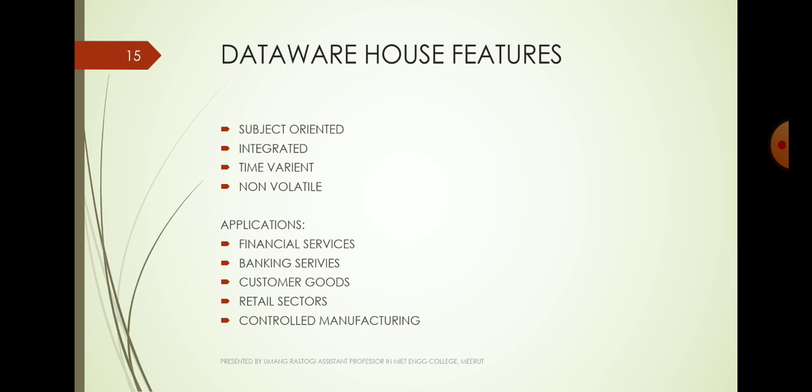But some products are not used, so why would we manufacture that type of product? So we have to control the manufacturing, and for the products that will be in demand, productivity and manufacturing will be increased. Like this, we can control manufacturing also. So these types of applications we can use with the data warehouse.